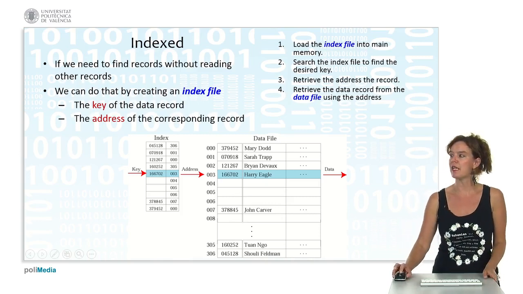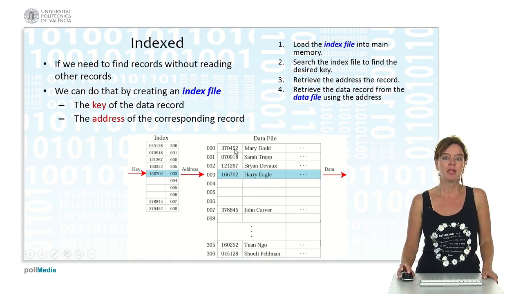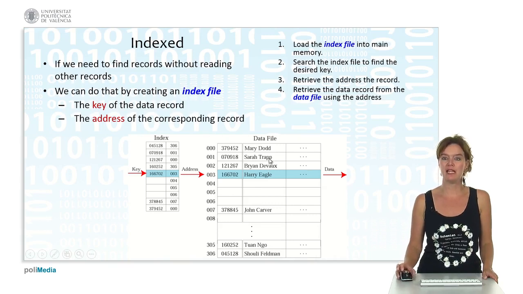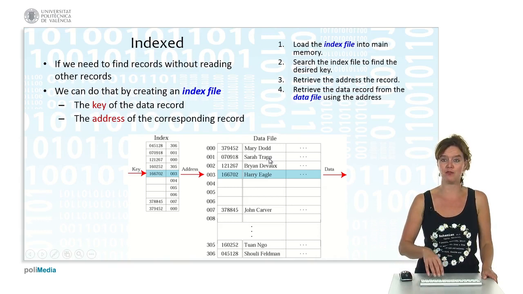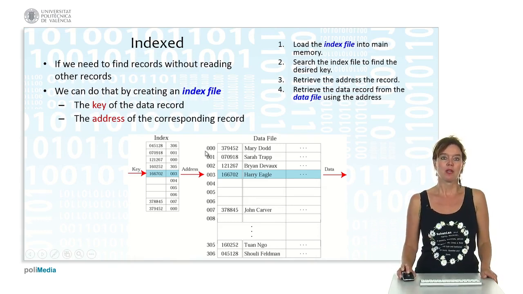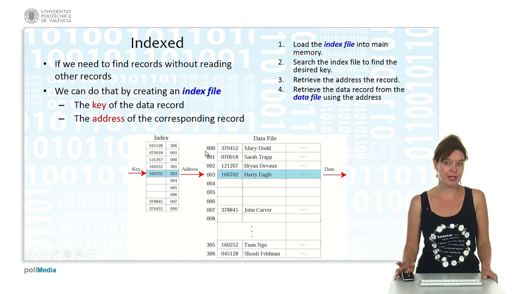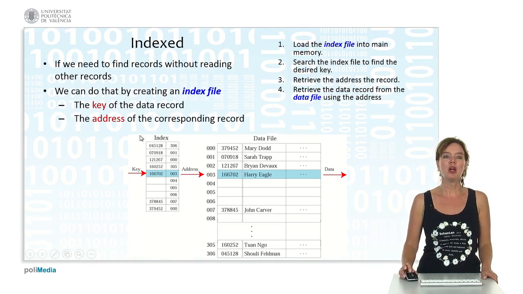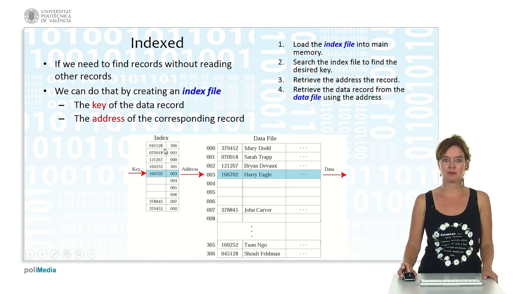You can see this here on the picture. This is the index file with the keys and the addresses, and this is the data file, the file that contains the records of data that we want to look into. If we want to find a specific record in such an indexed file, we load the index file, which is obviously smaller than the data file.